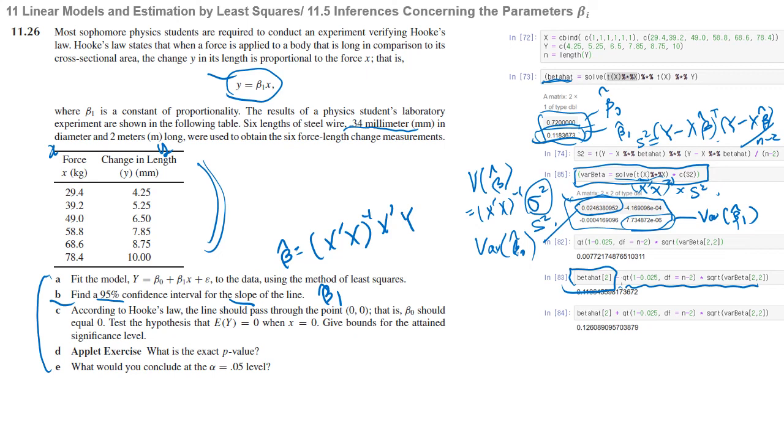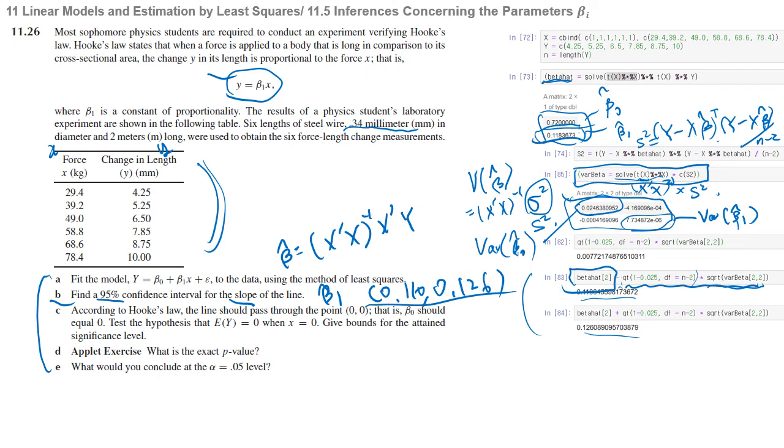Here we have qt, and here is the square root of the variance of beta 1 hat. From here we can see that the confidence interval for beta 1 is 0.110 to 0.126. So this is our confidence interval for the slope parameter. Let's move on to number C.